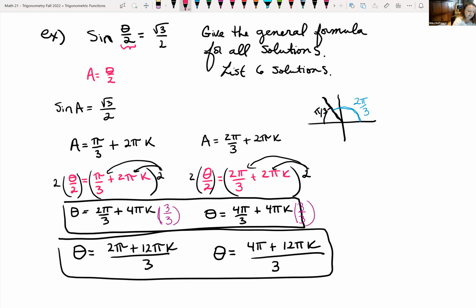And then to list values, just start choosing integers for k. So if k was 0, we got 2 solutions here. We got 2 pi thirds and 4 pi thirds.